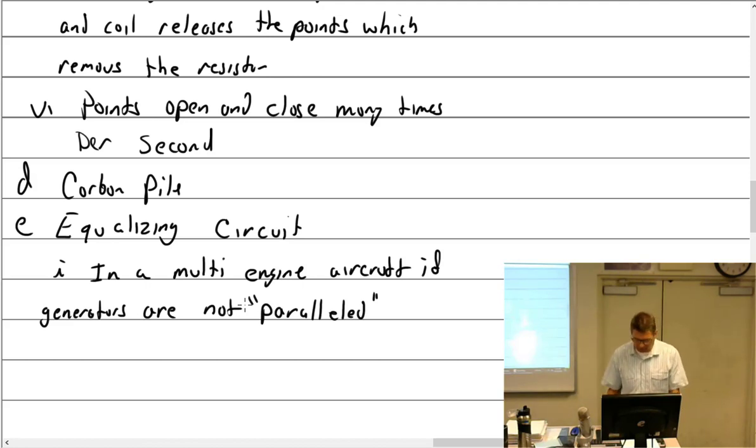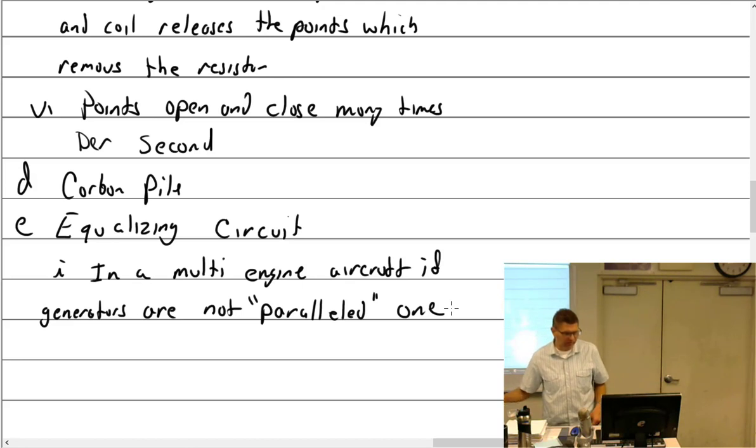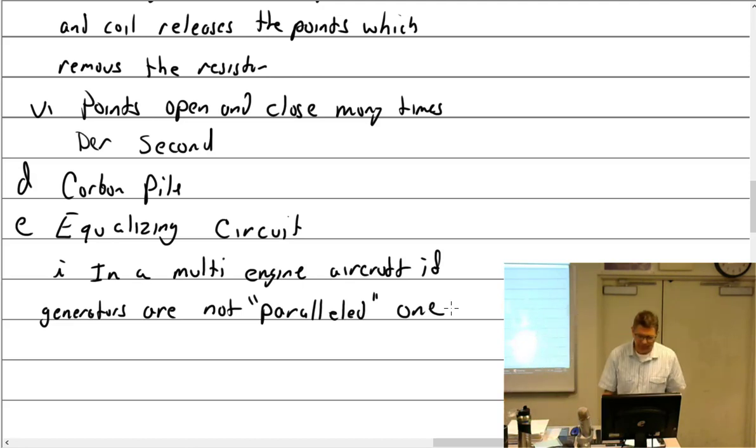If you don't, you're going to run into problems. If they're not paralleled, one generator will do all the work. It's a maintenance issue.